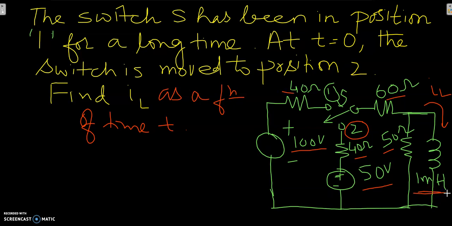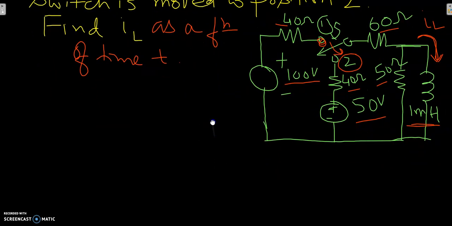So the switch, which is earlier at position 1 for a long time, is moved to position 2 at time t equals 0. You have to find out what current will be flowing through this inductor, IL, as a function of time. So let's start solving this problem.